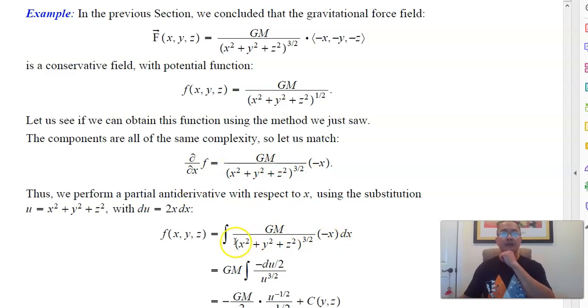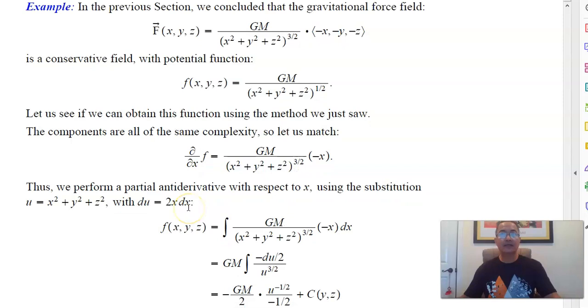We'll need a substitution for that. Luckily, there's an x here, and that's exactly what we need, because if this is our u, simple u substitution, partial with respect to x is just 2x. So we get our 2x dx. We already have an x dx over here. So if that is our u, du is 2x dx.